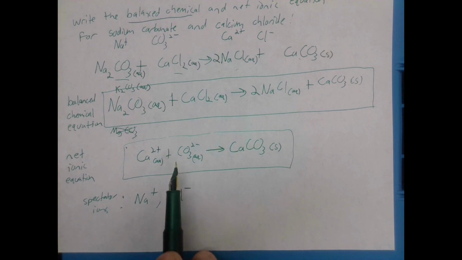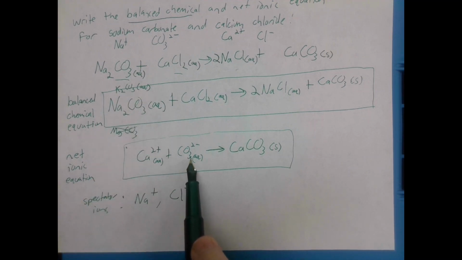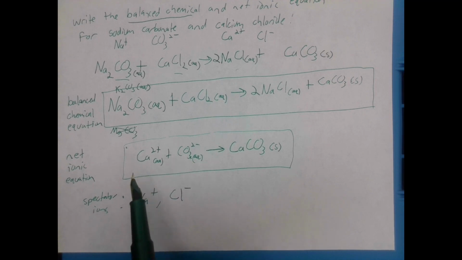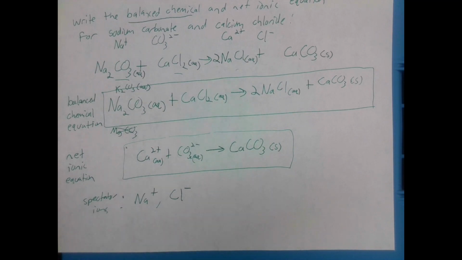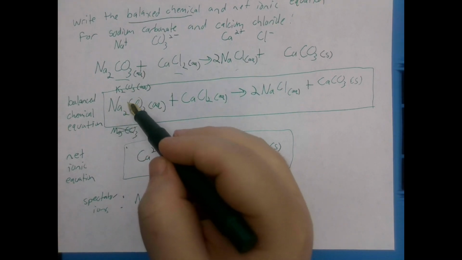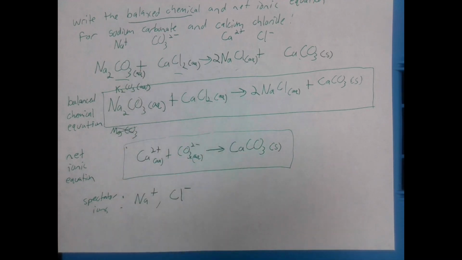The only thing that changes is we just need one ion to one ion. So as long as this is one ion of that, then it doesn't change. The only thing is mass. Which one weighs more? The thing with calcium versus the thing with sodium. So we'll need a different amount of grams of potassium carbonate to make it work. You just change the ratio of how many grams you use. But basically that's it.